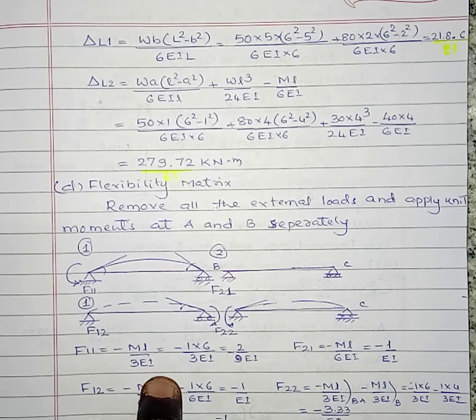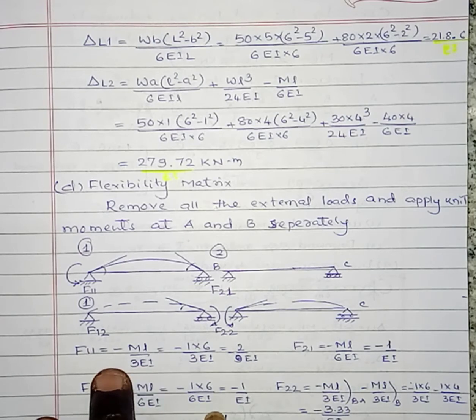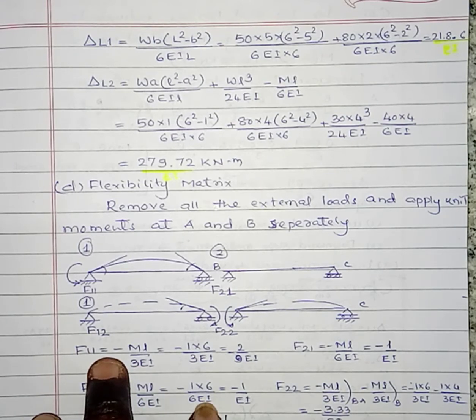Then to get the flexibility matrix, remove all the external loads and apply unit moments at coordinate 1 and 2 separately. Here we have to assume the direction of MA as hogging.